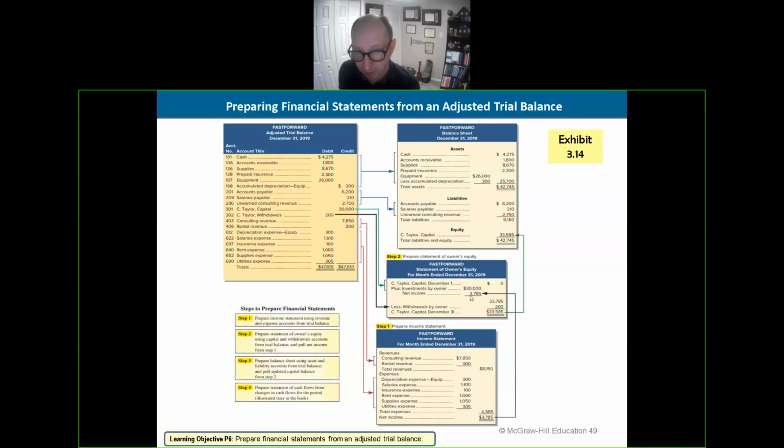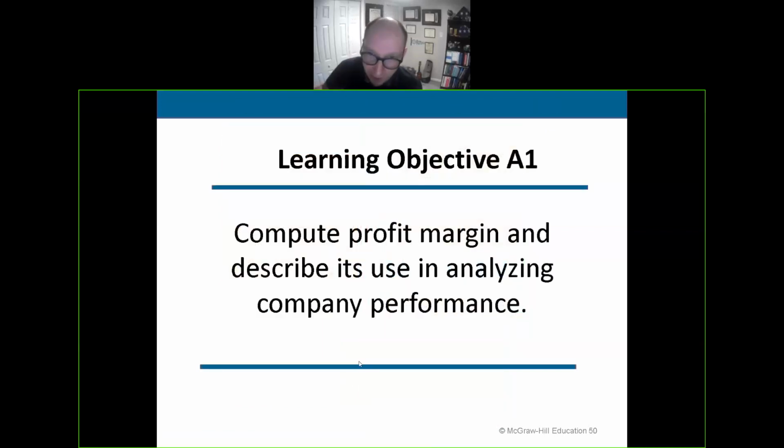Investments plus the additional net income minus any withdrawals gives us our ending balance of equity for the capital. Goes into our balance sheet, and we also see how some of the other adjustments affect other items on our balance sheet. You see, it's all tied together. And that's what you'll see about accounting. It's all tied together.